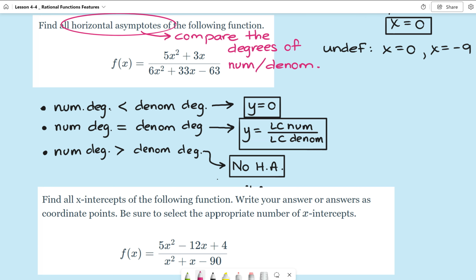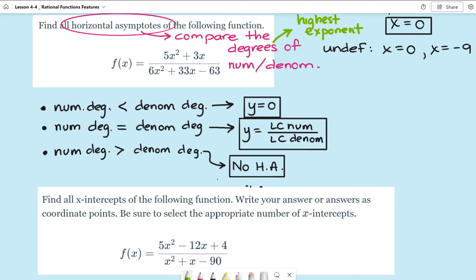Okay? I need you to compare those numbers. Now, if you have forgotten what degrees mean, degrees are the highest power or exponent of your polynomial, okay?